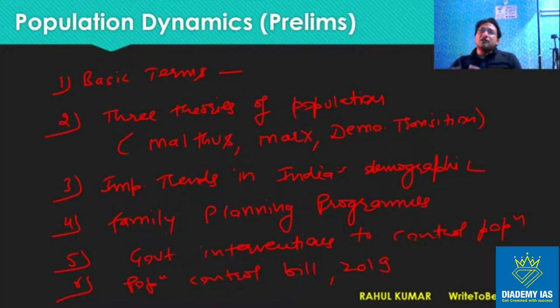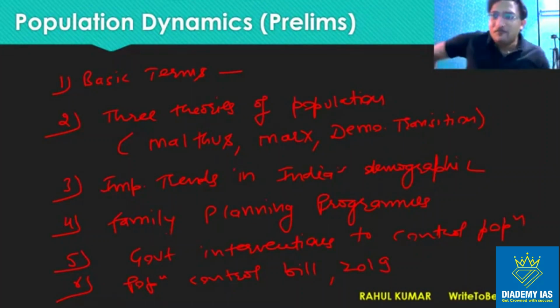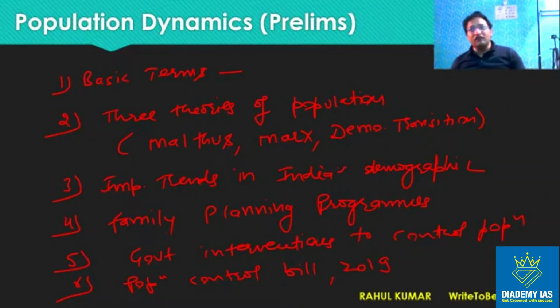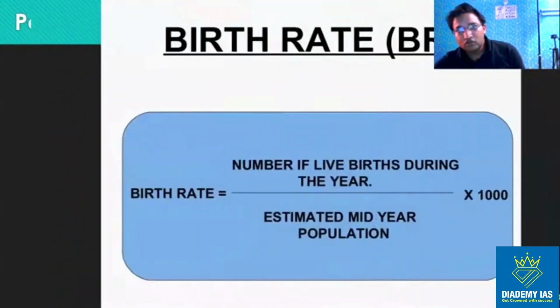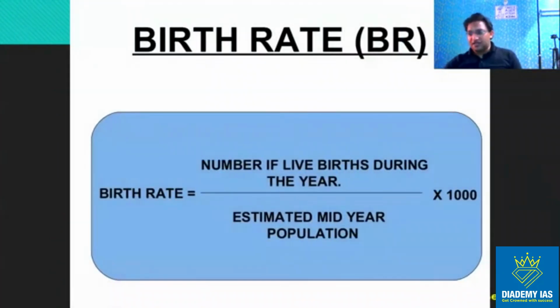So next year this topic will become highly important for the 2021 examination because the census will be conducted and the data will be coming next year. So you will start seeing a lot of news immediately after the lockdown is over. That is how this population chapter also becomes important for the examination point of view in the upcoming time, right?